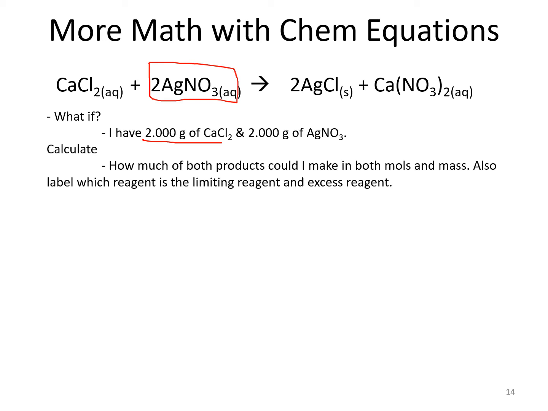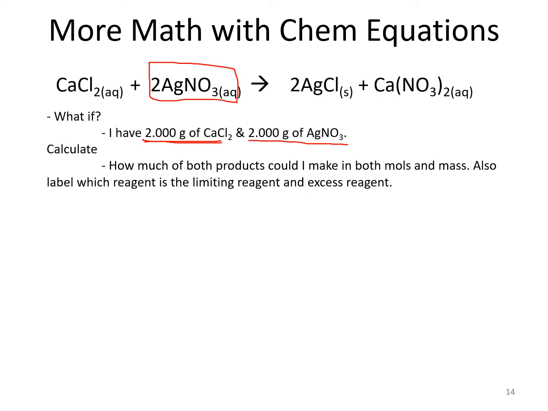Now you can't assume that anymore. When you are given amounts of both reactants, like we are here, the concept that we're about to do is called the idea of the limiting reagent or limiting reactant. What it depends upon is which chemical is used up first, which reactant runs out first. So here's how we do that.